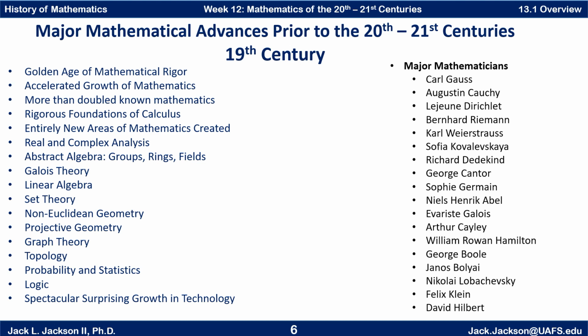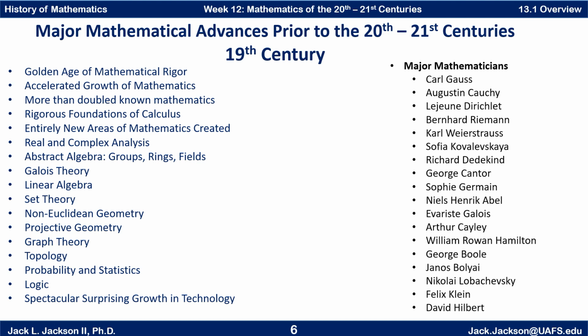One of the big things that was worked on during that century was the rigorous foundations of calculus were established, but also entirely new areas of mathematics were created or at least started. Real and complex analysis were started there, some initial work with abstract algebra, at least some fledgling work there with groups, rings, and fields. Galois theory was getting a start there.